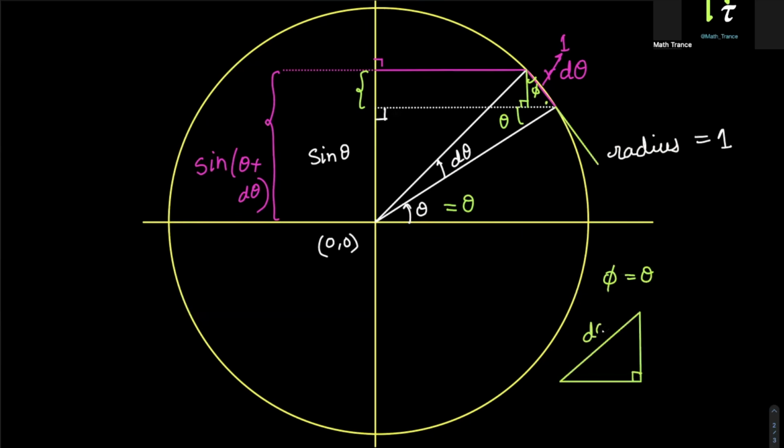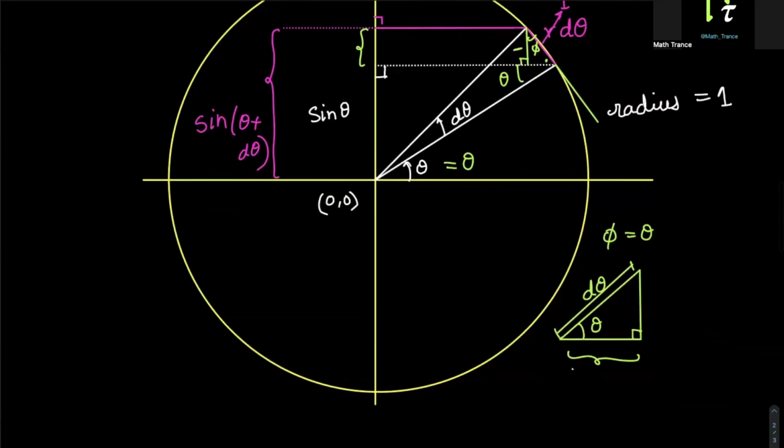We know that this is d theta, this is theta. The d theta is the length of this side. And what we require is this. As you can see, this is the base.